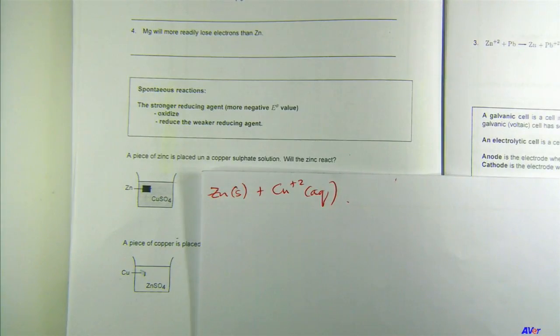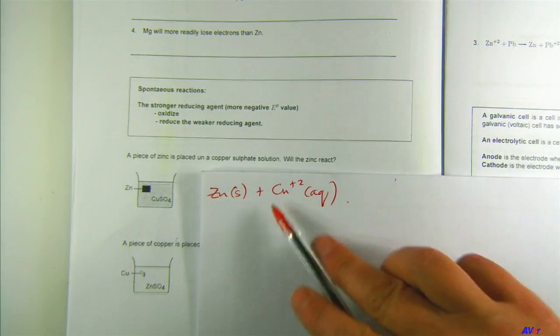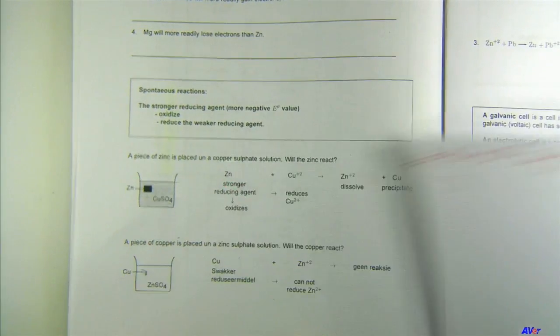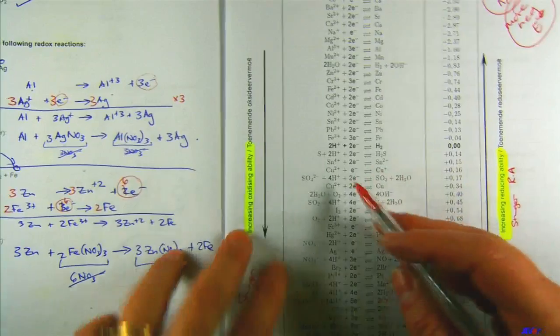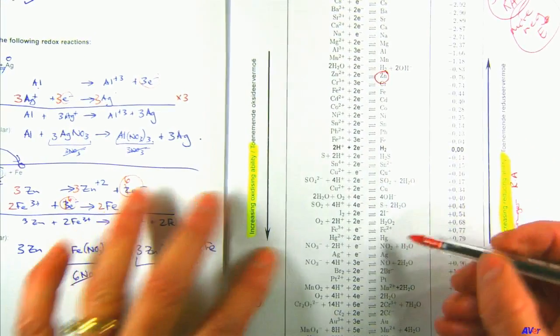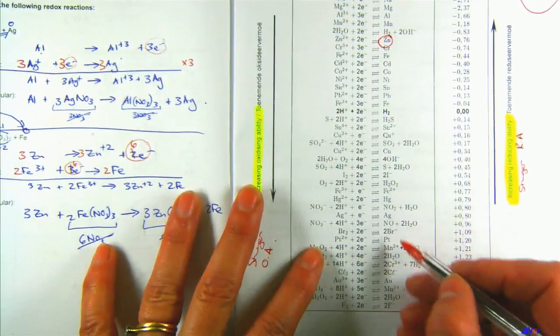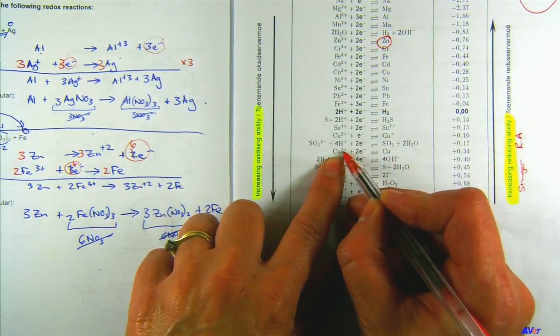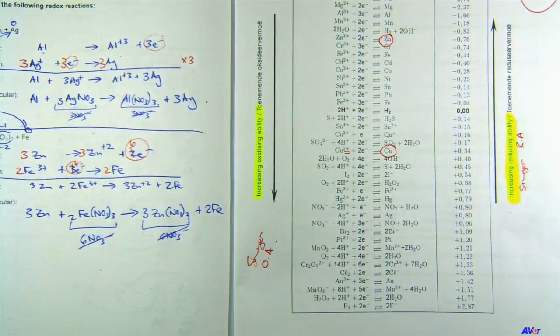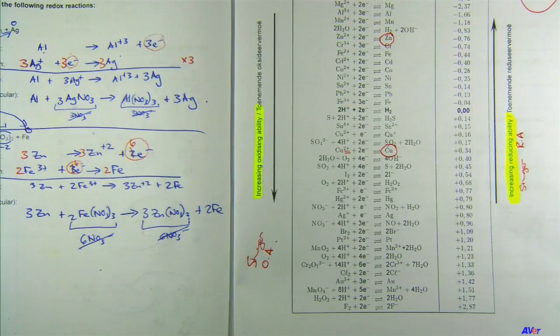It can go into solution, right? So the copper was the happy one. And now we go back to our table and we look at copper and zinc. Where do we find copper and zinc on this one? Zinc over there. Now, there's a lot of coppers. For copper, I want you to use the one that has got copper 2+ on that side and plain copper on this side. Can you see them? Zinc and copper.